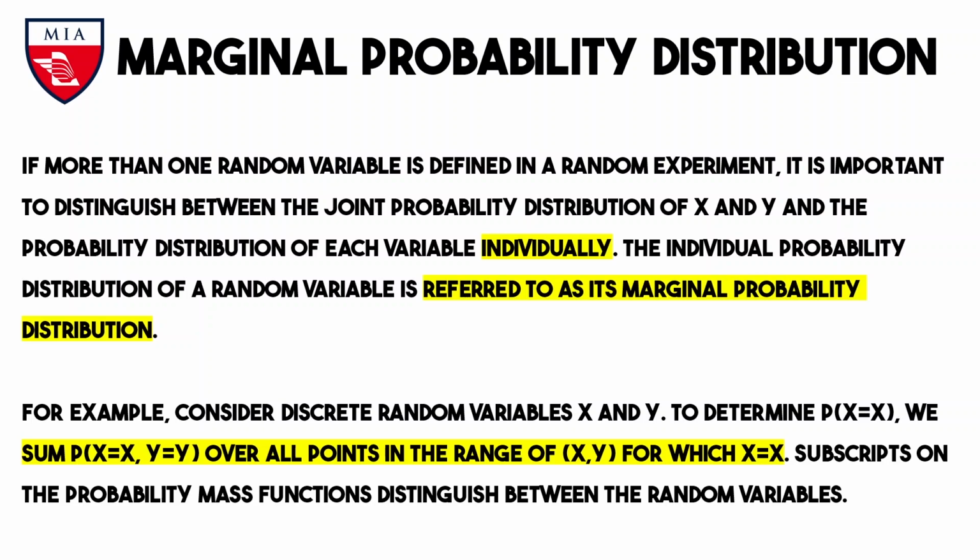Okay. One thing that you need to remember in terms of marginal probability distribution, okay? For problems under marginal probability distribution, all you need to do is to get the sum of the probabilities given in the table based on different requirements and conditions.